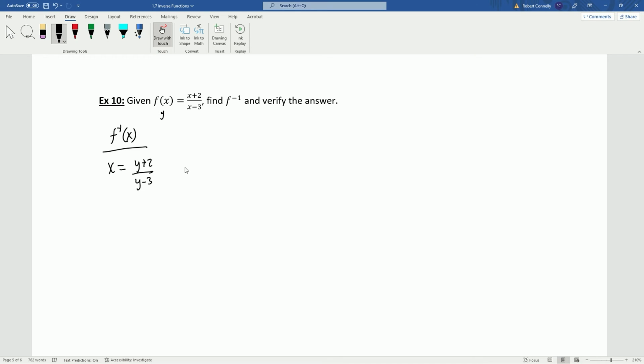Let's multiply the y minus 3 across. So we get y minus 3 times x equals y plus 2. Now I'm going to distribute this x. So I get x times y minus 3x equals y plus 2.